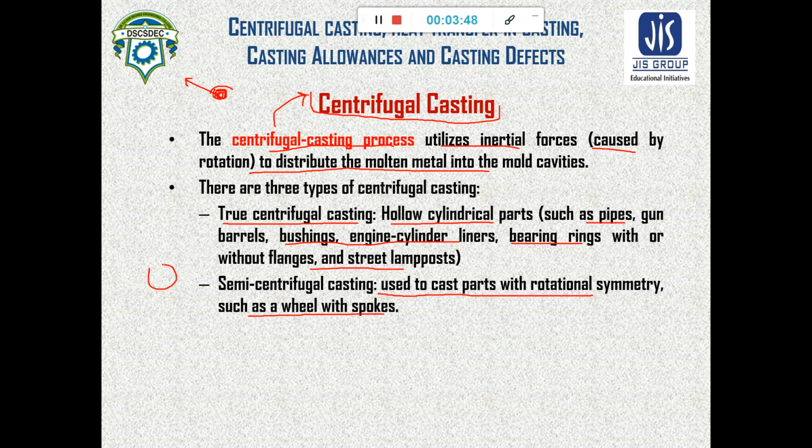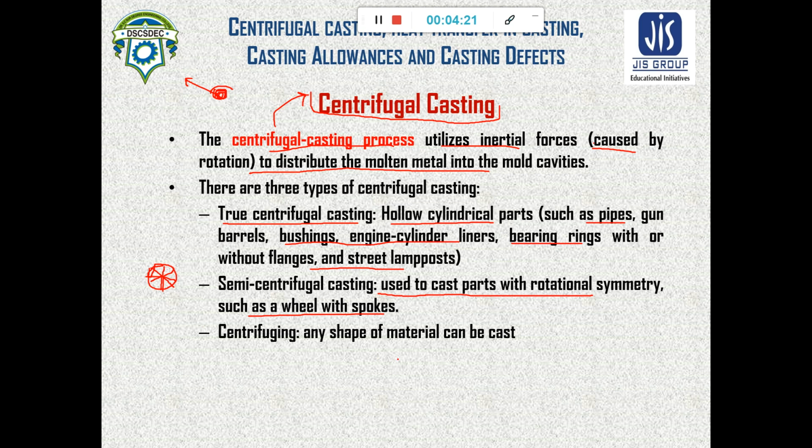A sprocket wheel has rotational symmetry, and this type of design can be cast using semi-centrifugal casting.